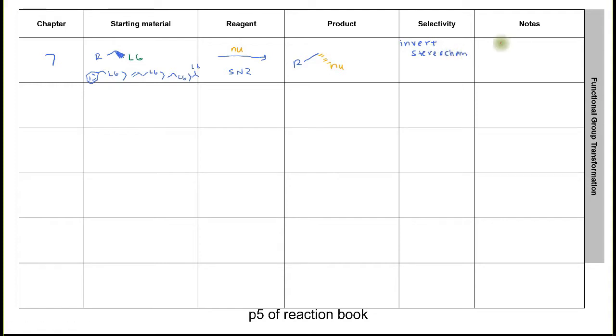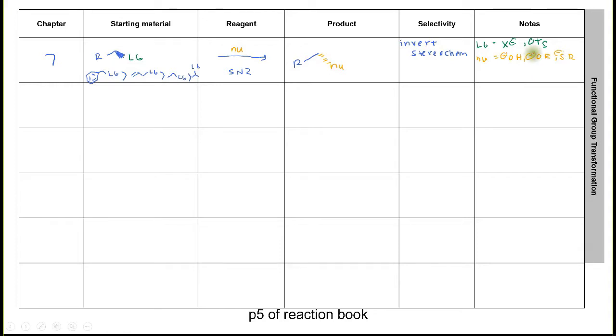And then I just have some notes here. Our leaving groups can be X minus, so any of the halogens. And then OTs is that tosyl group. And the nucleophiles that we can use for this reaction are OH minus, OR minus. We can use SR minus, so that's a thiol or a sulfur, so something like NaSR.